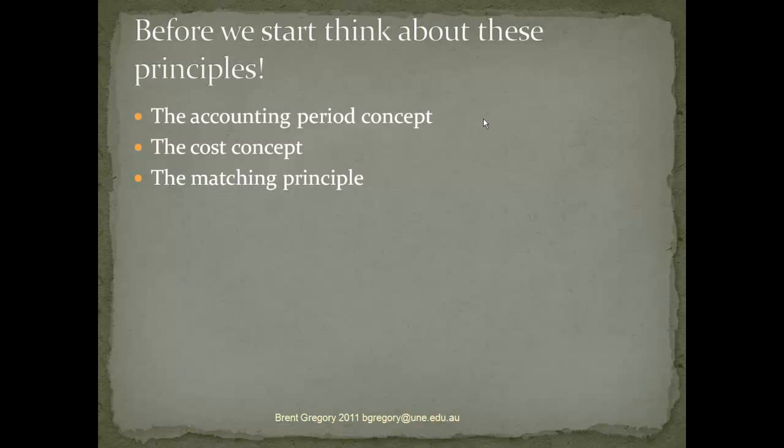But before we start, let's think about some of the key principles that are related to depreciation. Understanding these principles will help you have a good appreciation of how accounting fits together. We'll look at three principles now: the period concept, the cost concept, and the matching principle.